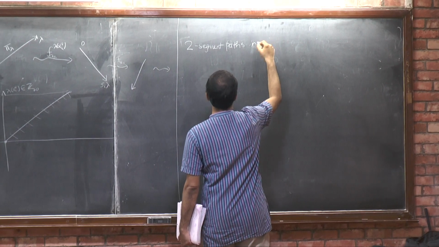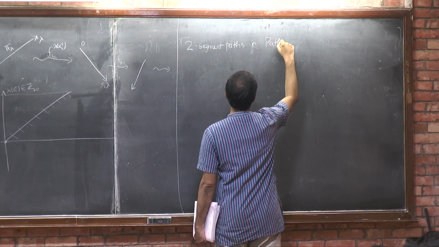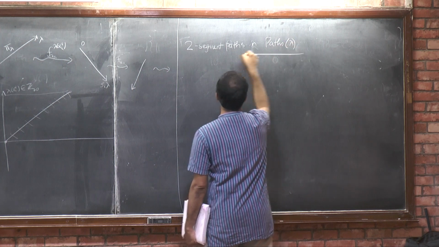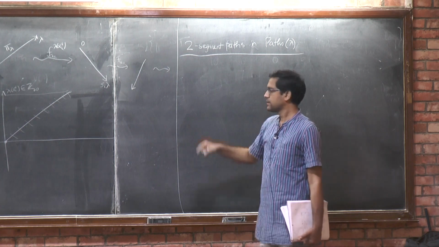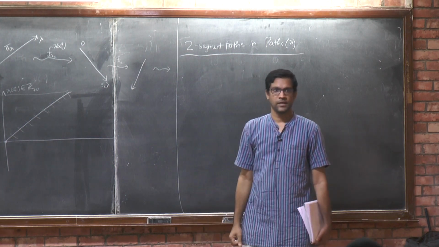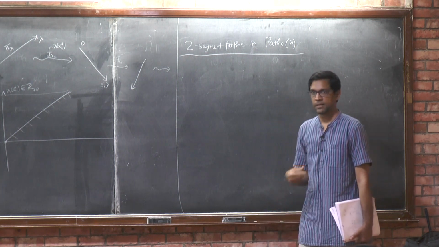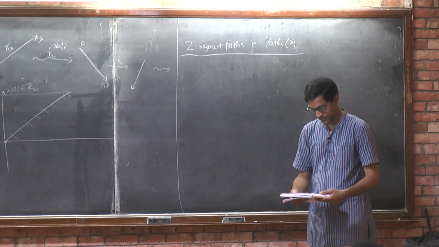So that's our second example. Let's look at two segment paths of class lambda. And now let's ask, does every two segment path belong to B lambda? Can any two segment path of class lambda be obtained as some application of Fi's on pi lambda?